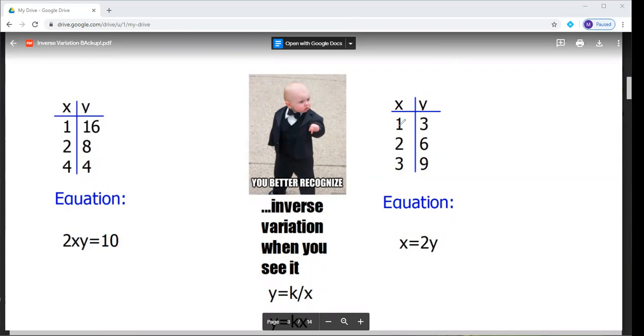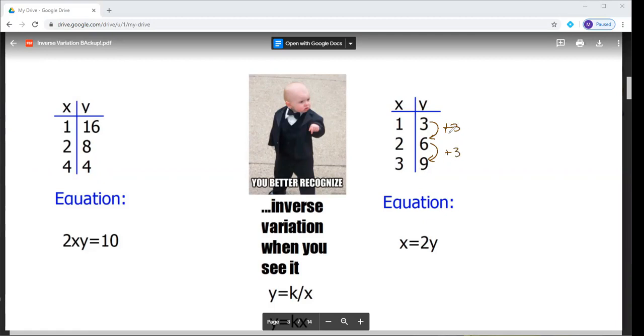Over here, we've got input 1, output 3, input 2, output 6, input 3, output 9. Just from looking at this, we should recognize that between here and here, you're going to see a common difference, which you would expect in a linear function, right? This goes up by 3 each time. Each time, that is plus 3.